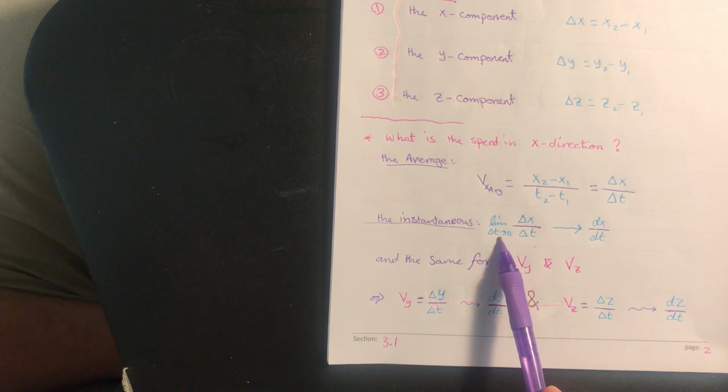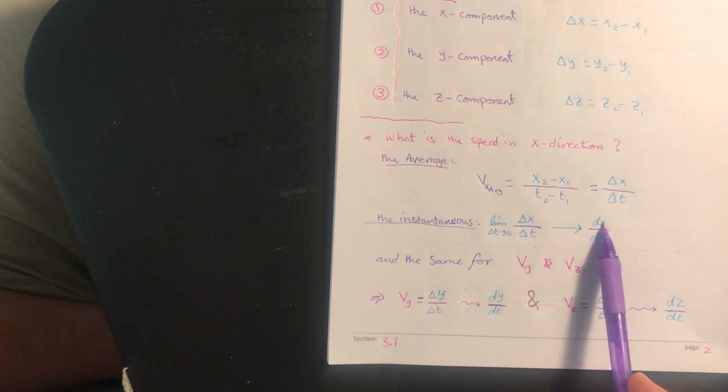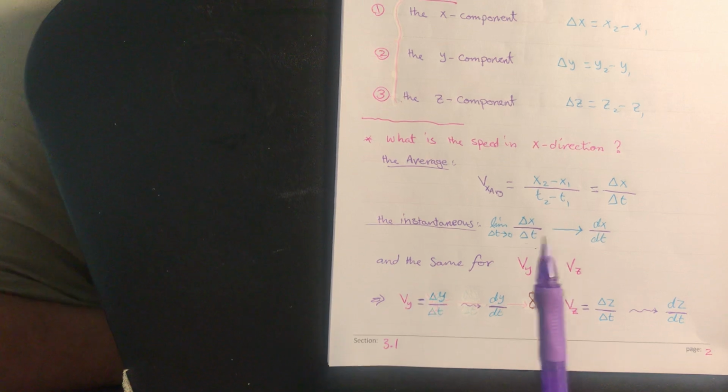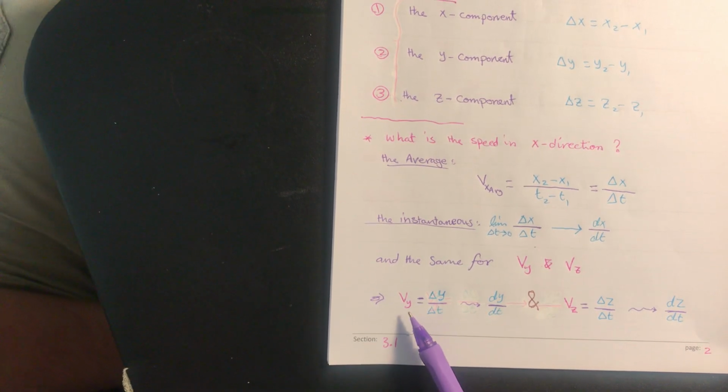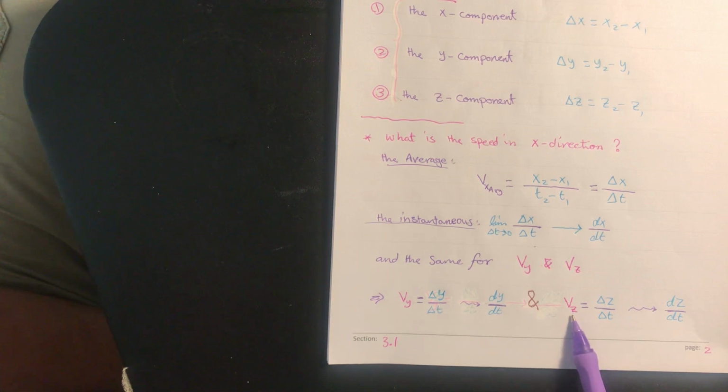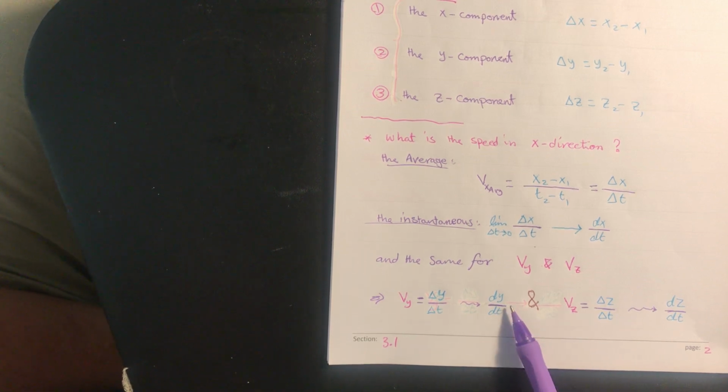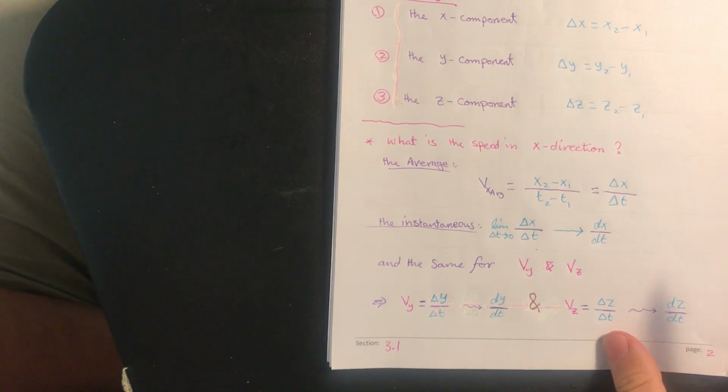It will be dx over dt. And the same for vy and vz: the velocity in the y direction and the velocity in the z direction are dy over dt and dz over dt. Okay?